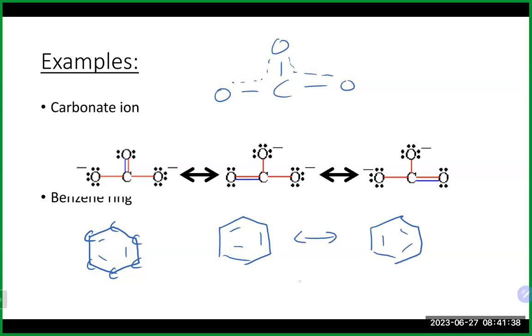And sometimes in non-organic books, a lot of times people will just draw benzene with a little circle in the middle to indicate that those double bond electrons are moving around from one side to the next. So if you go off to organic at some point, you will draw it, and most likely you will not use the circle version. You'll use one of those versions usually when you do it.